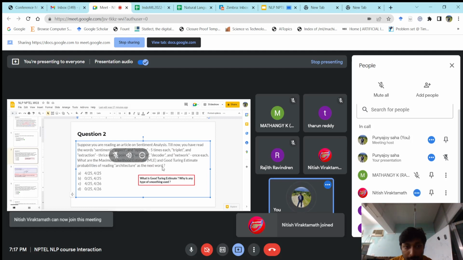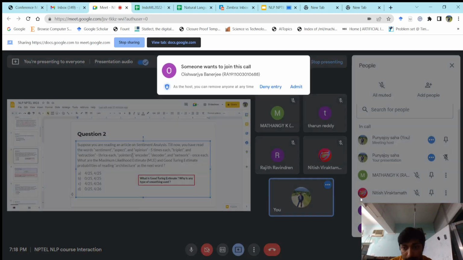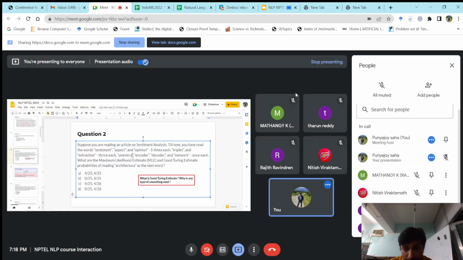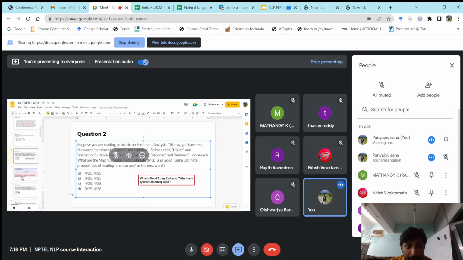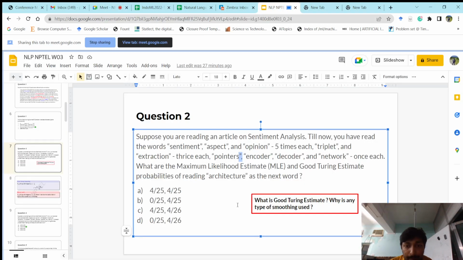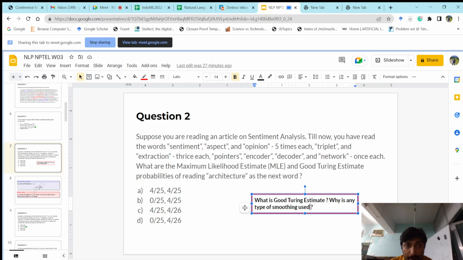Yeah, so you have to take the number of words which are occurring only once. So what will be the Good-Turing estimate based on this formula? N1 by N. So let us try to solve it.